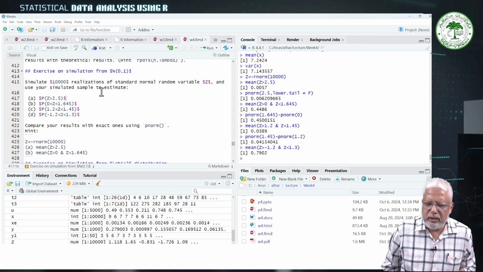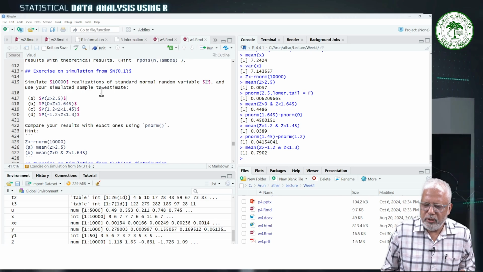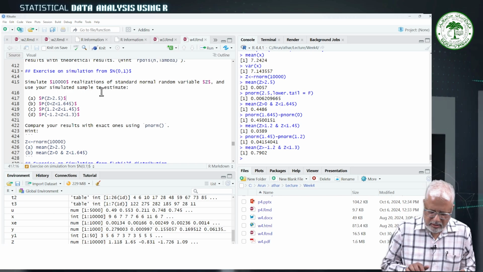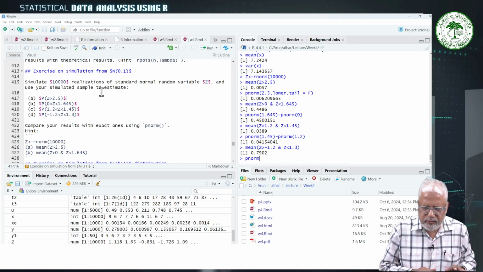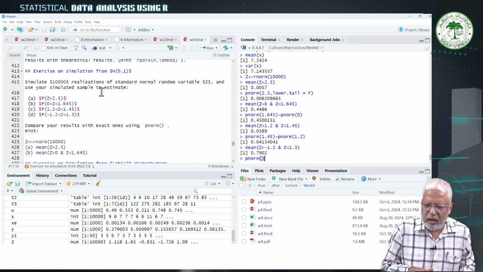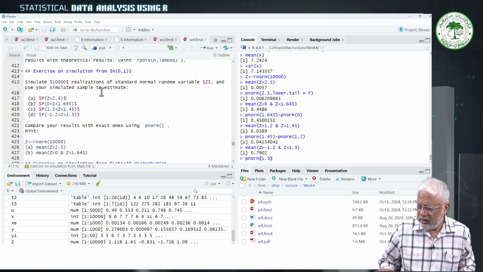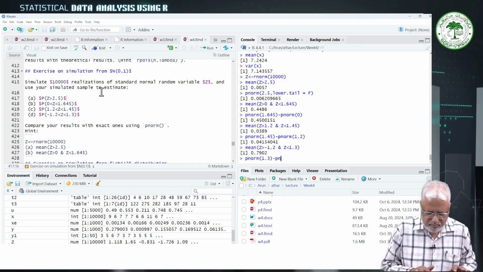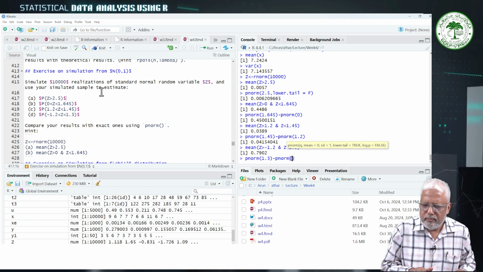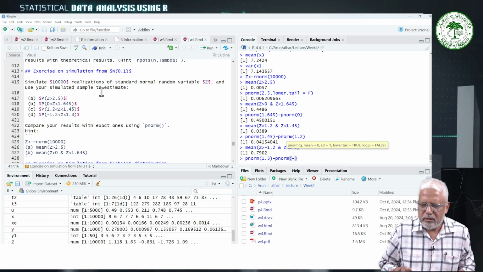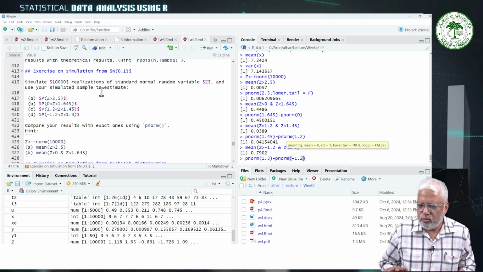The area under the curve between minus 1.2 and 1.3 is 0.79, and we can confirm this by pnorm 1.3 minus pnorm minus 1.2.